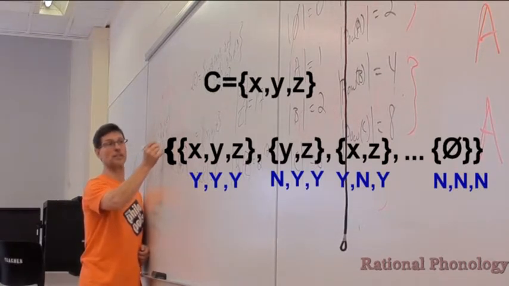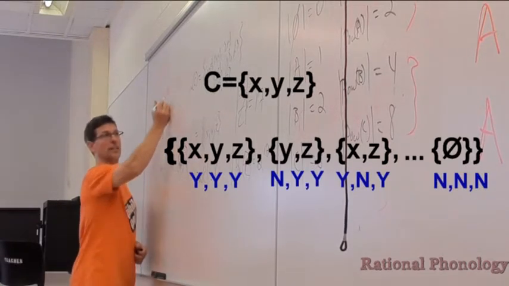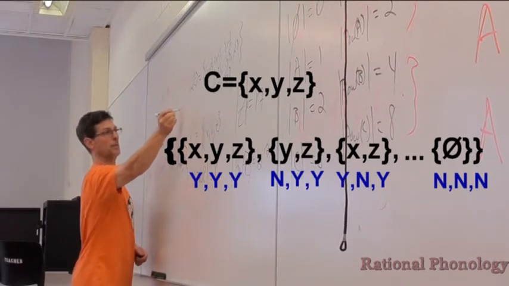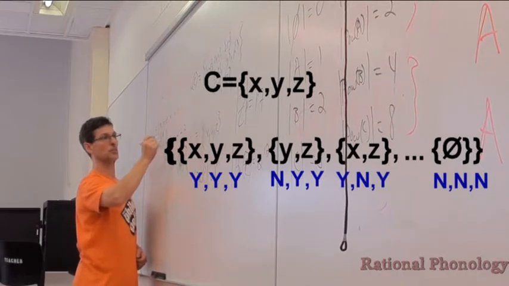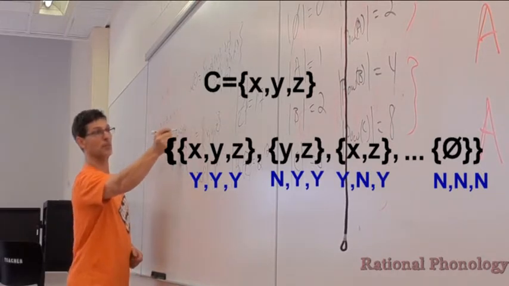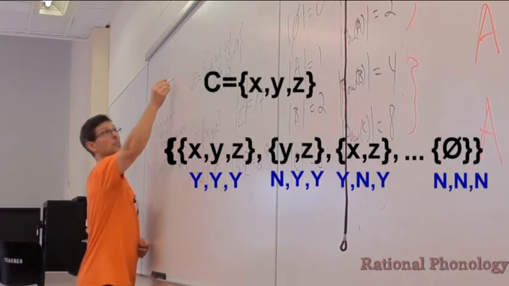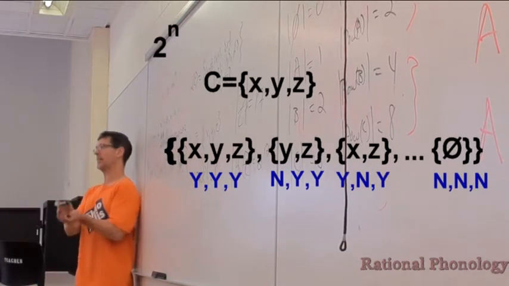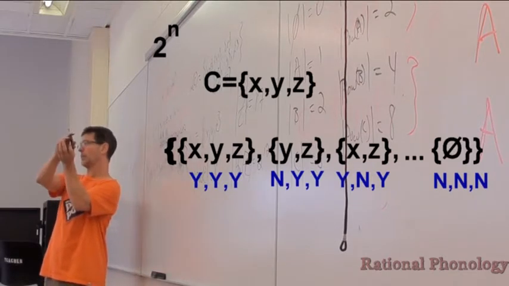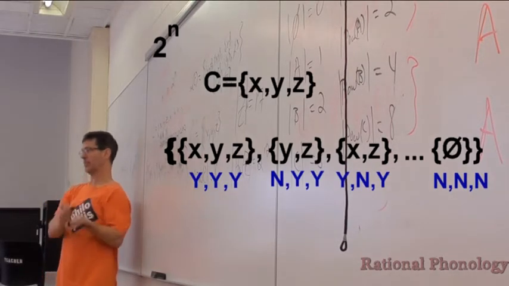I get 2 choices, times 2 choices, times 2 choices, and if there was more, A, B, C, and so on, I'd have 2 times 2 times 2 times 2 times 2, which is the number of things I had, which is 2 to the n. That's why the cardinality of the power set is 2 to the power of the cardinality of the original set.